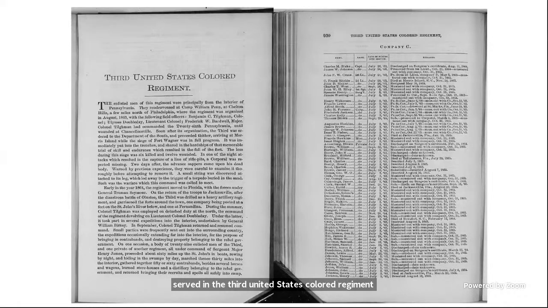The 3rd came out of Pennsylvania, and they mustered in the north of Pennsylvania to the training camp at Fort William, Pennsylvania. This book that these pages come out of is called The History of Pennsylvania Volunteers, 1861 to 1865. And it is in the Family Search catalog. You look it up in the catalog, and it's digital, so you can see the images right from the catalog.